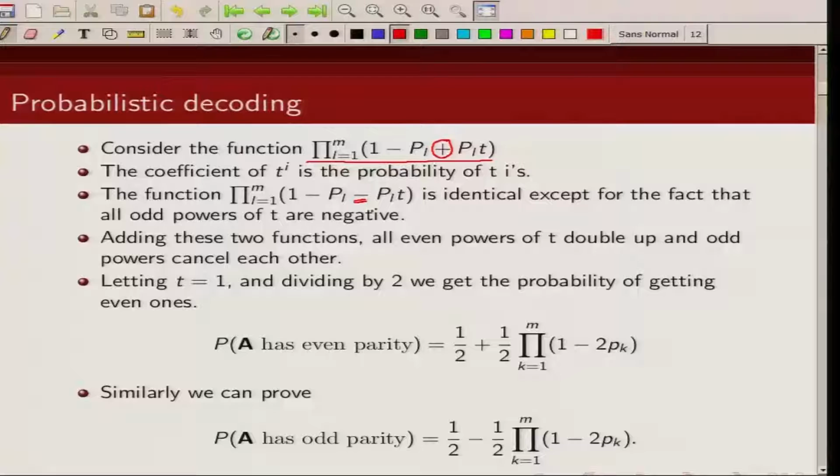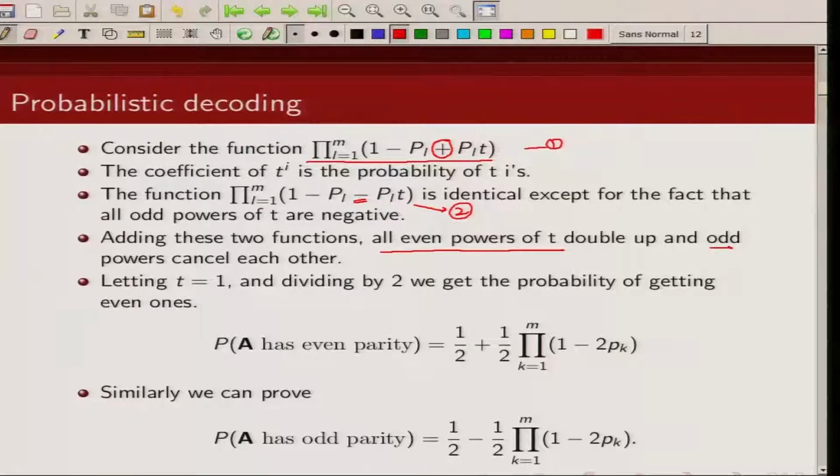This function is identical to this, except that the odd powers of t will have minus in the expansion. So, if we expand this and we expand this, and add both of them together, all the odd powers of t will go away. What we will be left with is even powers of t which are doubled up and odd powers have cancelled out.